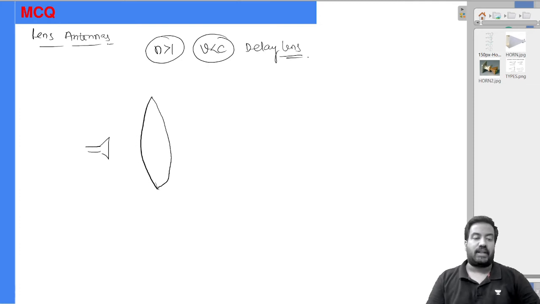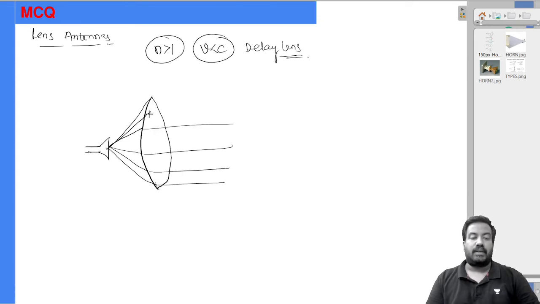Here also the primary antenna is a horn antenna. The work of the lens is to convert this spherical wavefront into a parallel wavefront. This is the transmitter side.